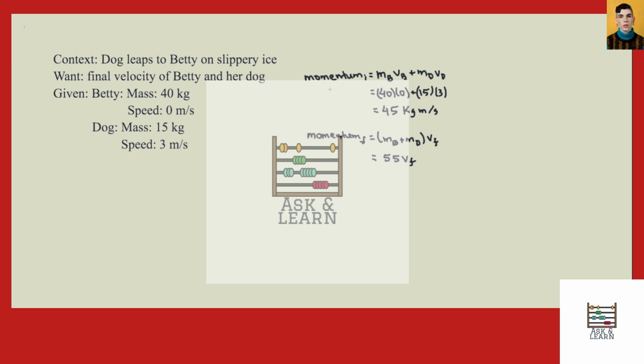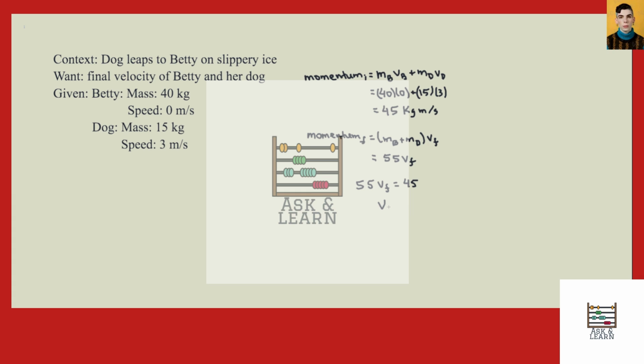But we know that the initial momentum has to be equal to the final momentum. So we have that 55 times the final velocity is going to be equal to 45 kilograms meters per second. Now we just have to solve this equation, and we have 45 divided by 55.